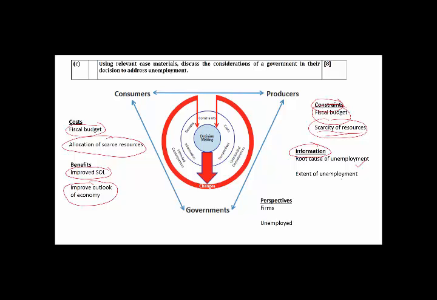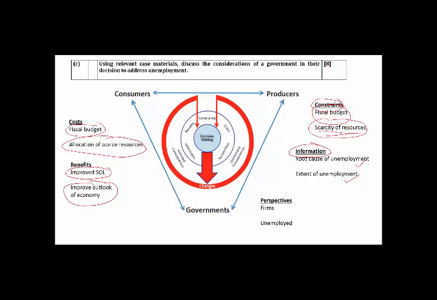Information, you also want to look at the extent of your unemployment. Is it a very severe unemployment issue, or is this something that might not require as much attention, at least at this point in time, because there could be other macro issues that could be of larger concern.